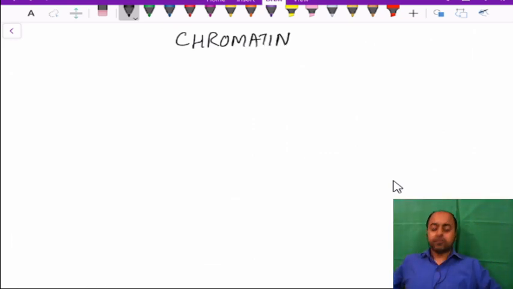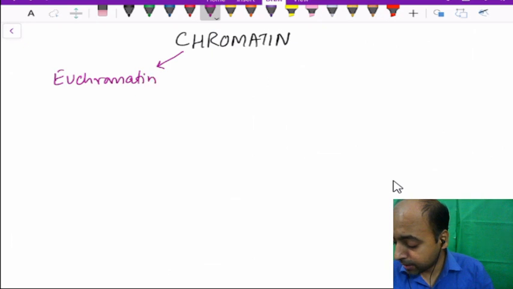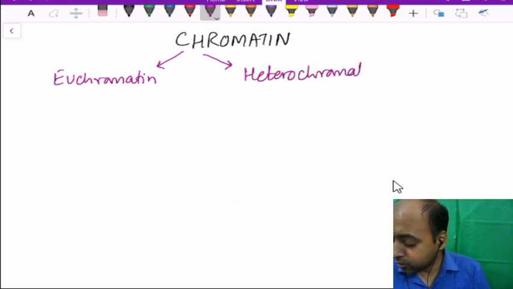The chromatin can be of two broad types: the euchromatin and the heterochromatin.